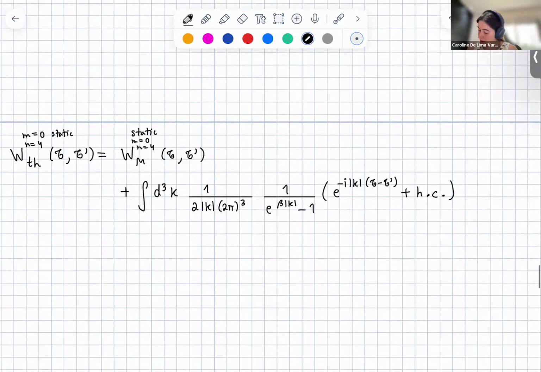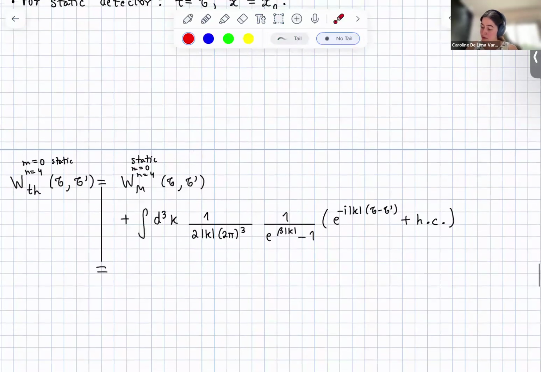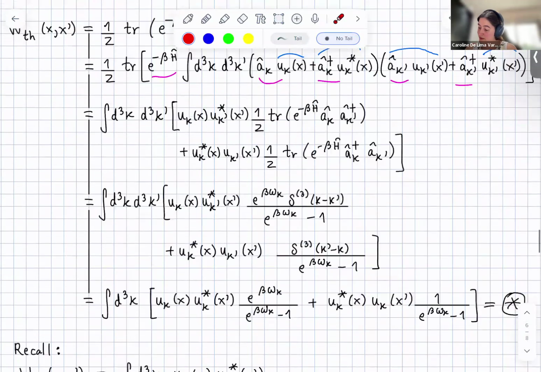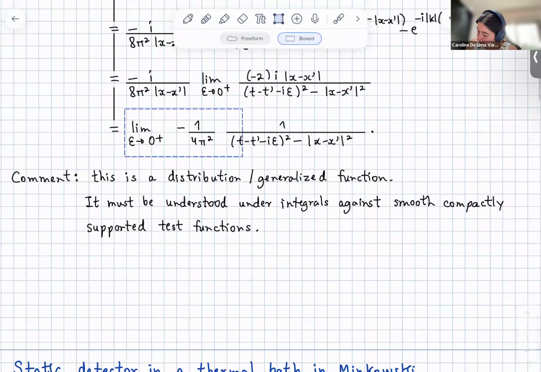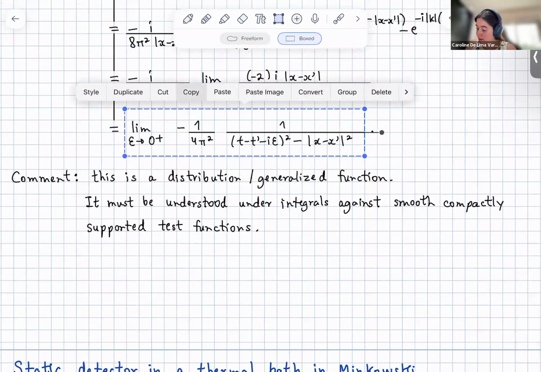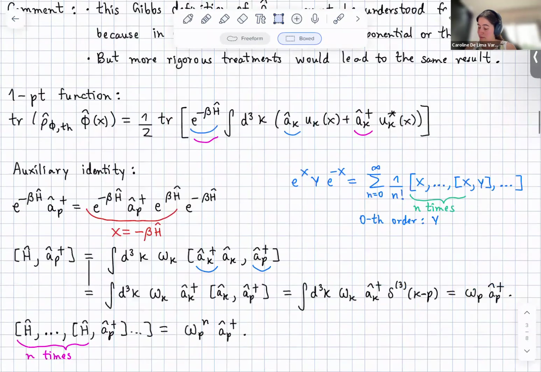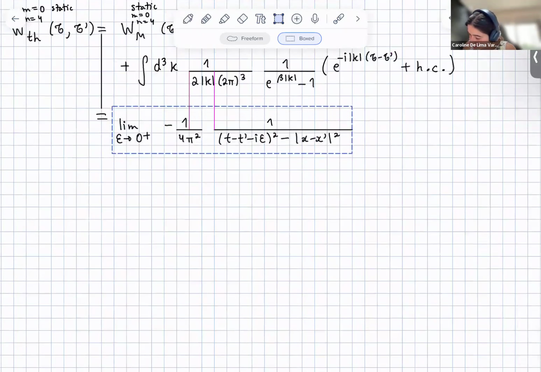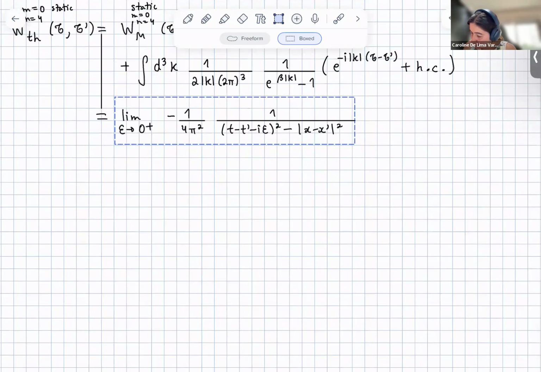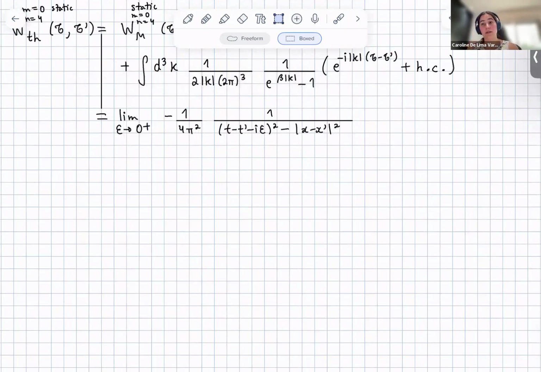And all right. So let's have a look at what this Wightman function was in the very beginning of the lecture. We had this expression here, so let's copy it. But now we are computing along a static detector.